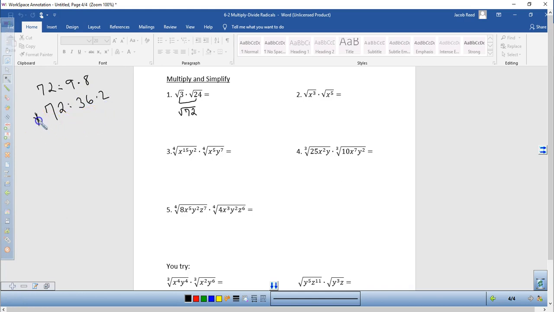We try to go with the largest perfect square or perfect cube or whatever root you're going with. We try to use the largest, so we have less work to do. So I'm going to go with 36. So 36 times square root of 2, square root of 36 is 6, and we still have square root of 2. And that's our simplified answer.